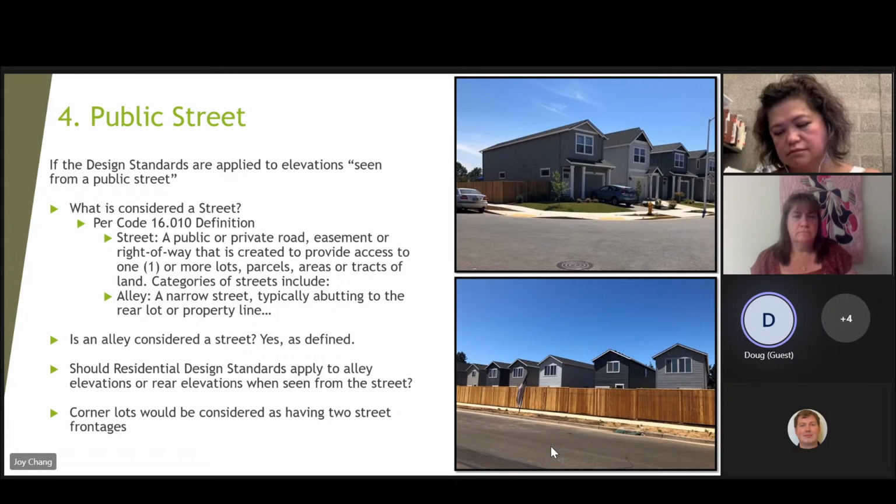Because to your point, an alley is technically considered a street, but there also could be a scenario where you have a sidewalk, but not necessarily a street, or a walking boulevard or something. I mean, we have a couple of things like that around in Sherwood, like a nature path, for example, cutting through the wetlands, and you have houses on both sides of it. I feel like that elevation should be treated the same as a front elevation, since it faces a public right of way.